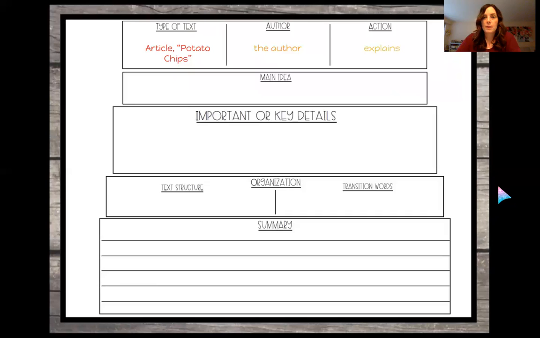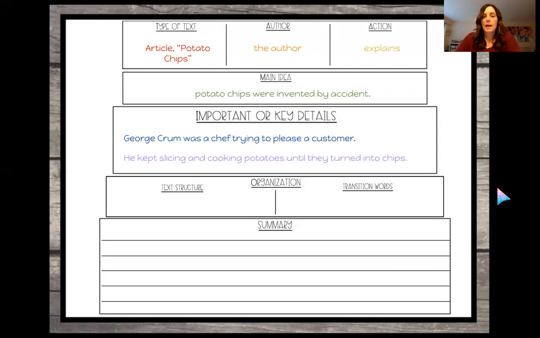The author was explaining our main idea, which is that potato chips were invented by accident. And now I'm going to add my important or key details, but I already found those. So I'm just going to plop them in here. The first one is that George Crumb was a chef trying to please a customer, and that he kept slicing and cooking potatoes until they turned into chips.